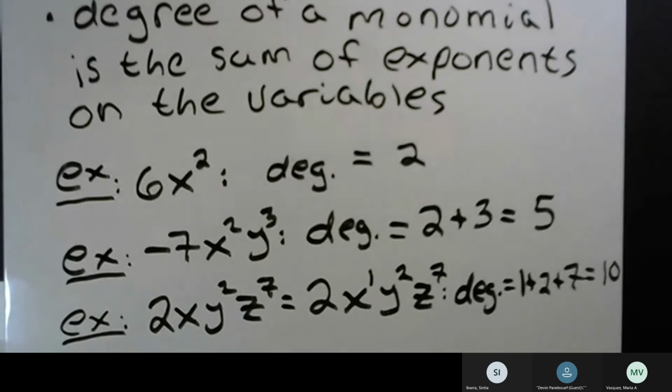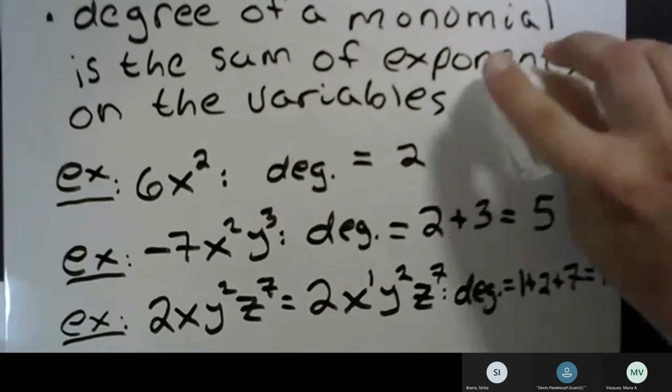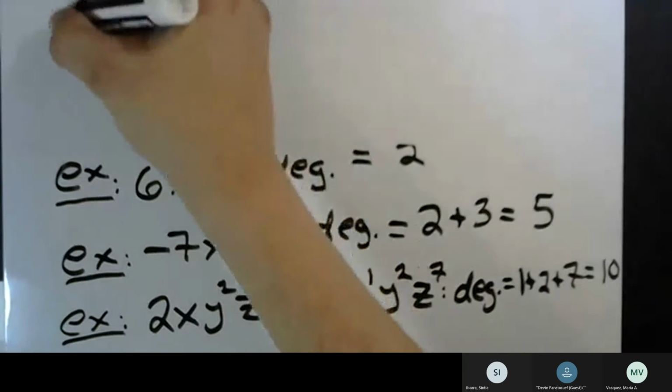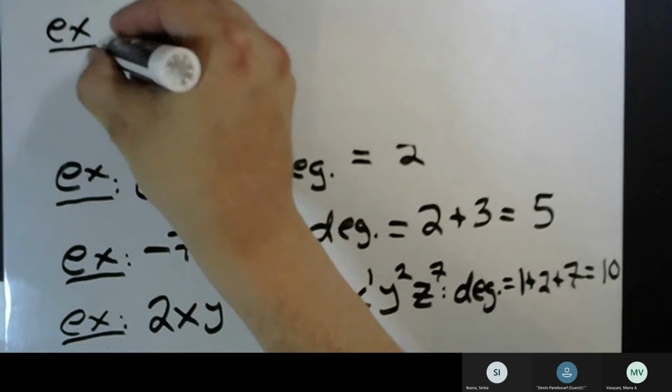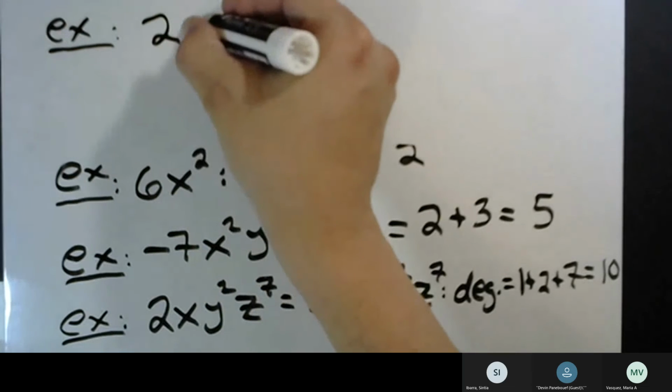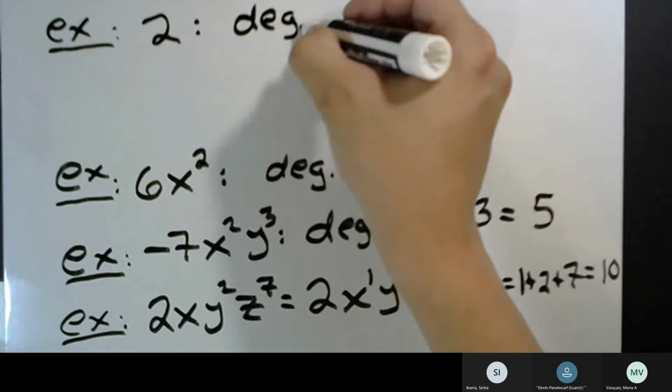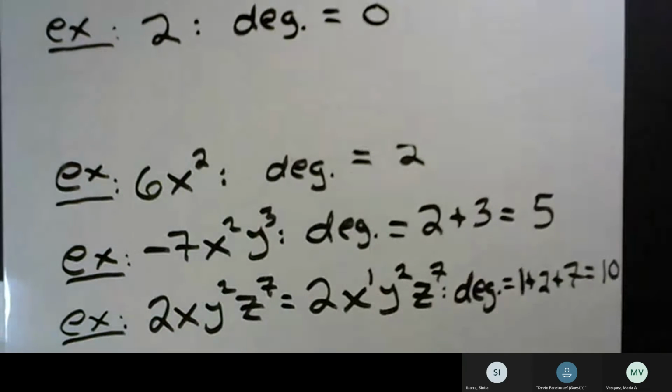So the last one to really mention, the constant monomial, which is just a number by itself. That degree is 0. So if you have a term with no variables attached, it has a degree of 0. Questions about that?